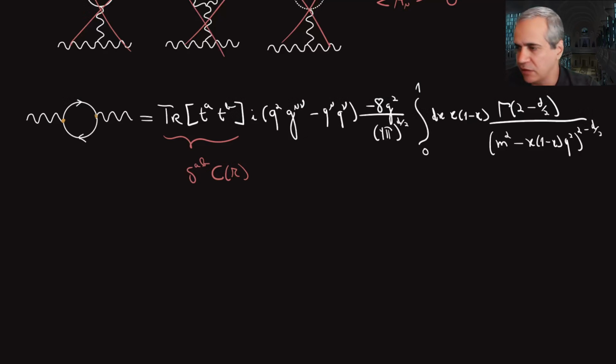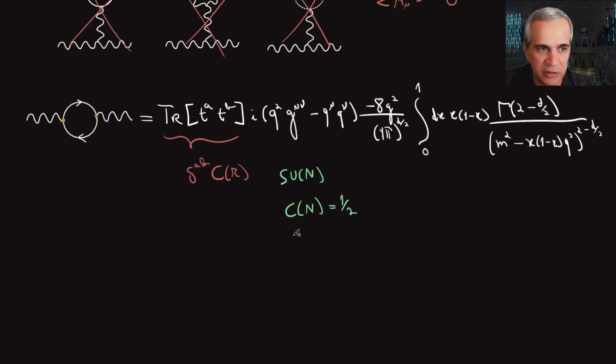For these guys, just in the case of SU(N), which is our favorite one, if these fermions are in the fundamental, then C_F, which is the symbol I will use for the fundamental now, would be half. And if the fermions are in the adjoint representation, then C_G would be N, right? So the value of this constant depends on the representation for the fermions. I will leave it like that, and we can specialize for particular representations in the end, right?